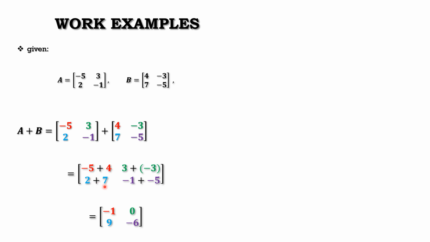When you simplify based on each corresponding element, the first red elements will produce -1. Then the green elements will produce 0. Then the blue elements will produce 9. Then -1 plus -5 will give us -6. So we need to put this in mind.